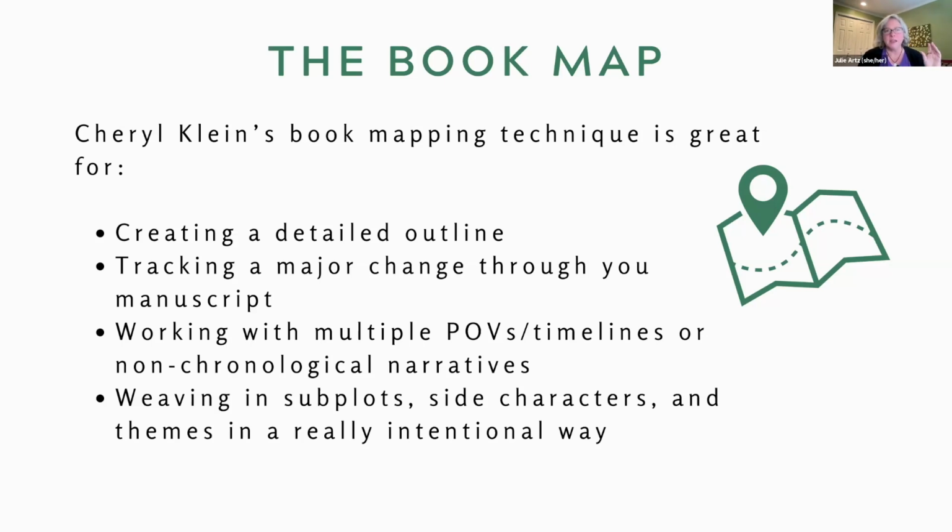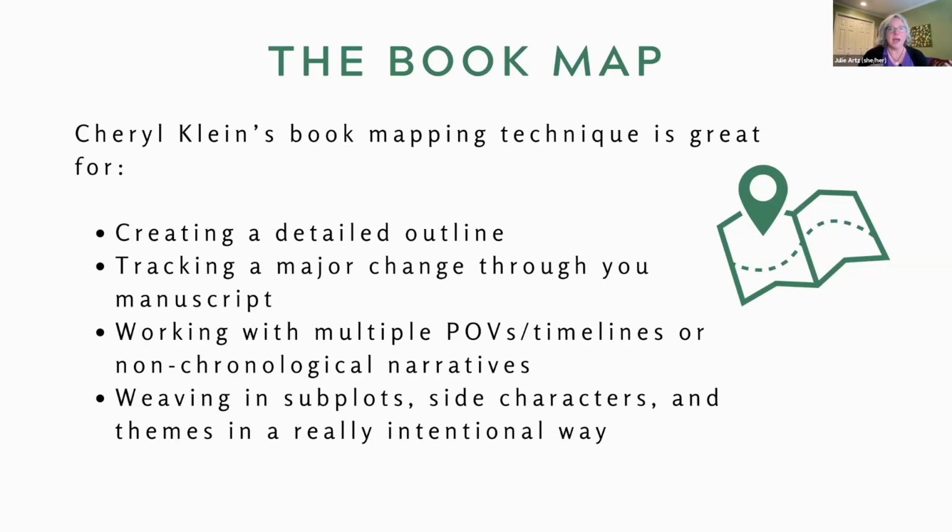So this is going to be the most in-depth of the types of reverse outlining that we're talking about. And this is a concept that longtime wonderful editor Cheryl Klein came up with and talked about in her book, The Magic Words. It is a detailed outline. It's great for tracking a major change that you need to make throughout your manuscript.